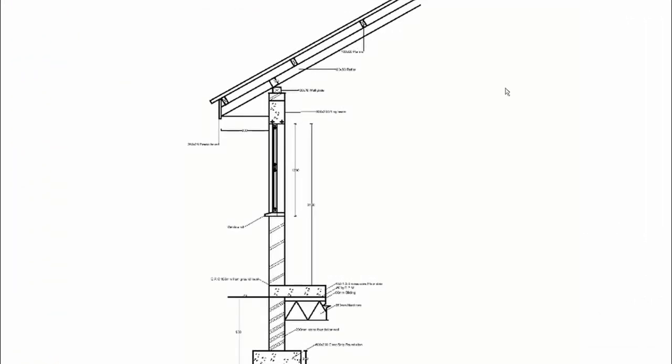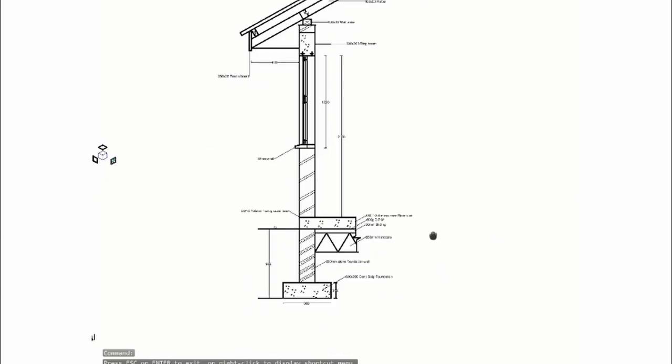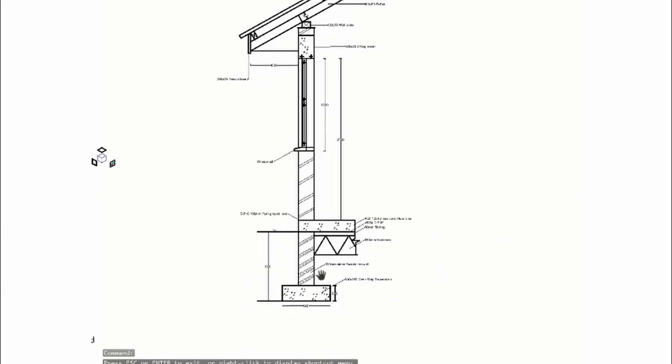This diagram shows how the question should be answered. You can see that we have the foundation down here, the foundation right there, and then the foundation wall. We have hardcore, blinding. There is the floor, concrete.